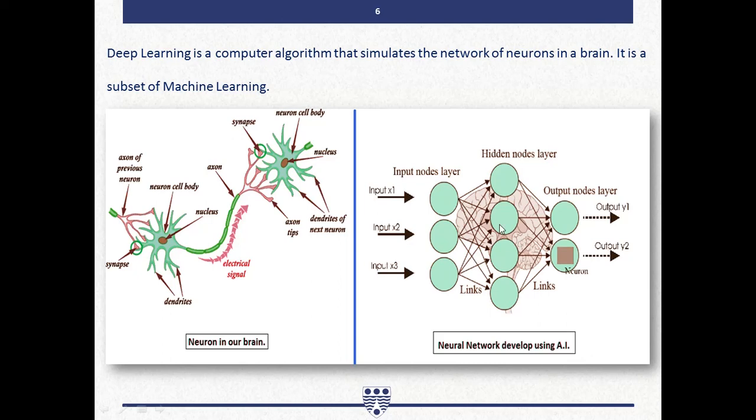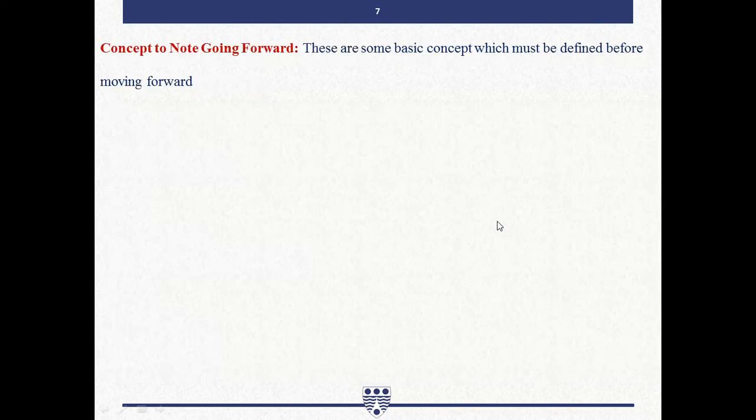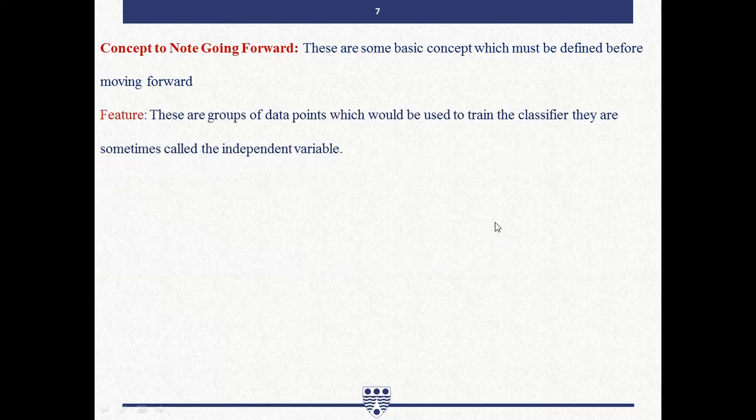So let's continue. Let's look at the concepts going forward. Let's define some of the concepts we are going to be needing. Please take note of this, and if possible, try to jot them down. The first concept is features. Features are simply independent variables.